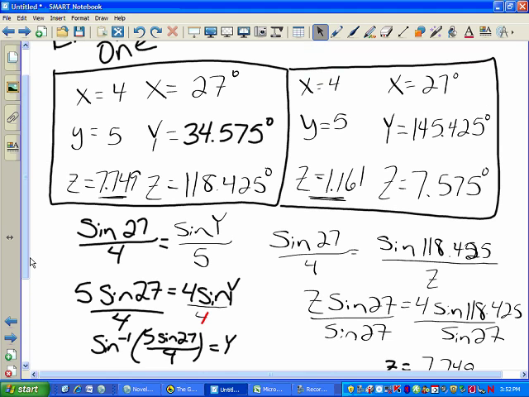Do you guys see how 3 is smaller than 4? That's when there's 2. Look at number 3. What angle are you given? You're given angle B. The side across from it is 5. Is that longer or shorter than 4? Longer. Therefore, it would make 1 triangle.